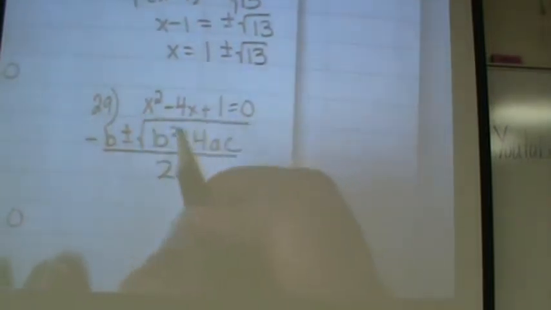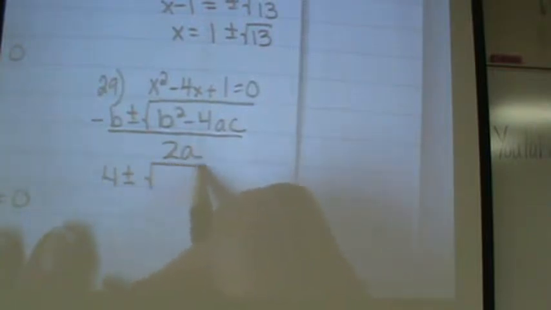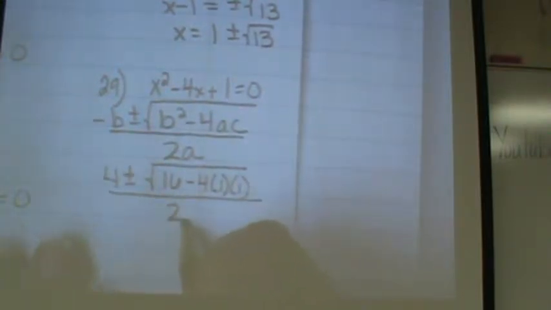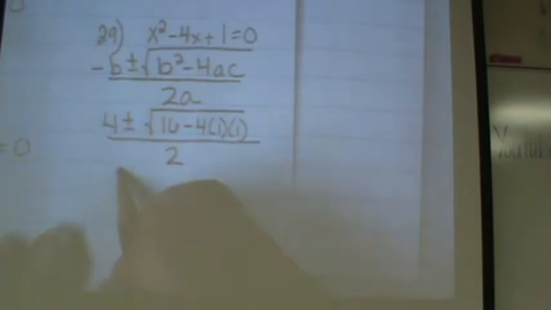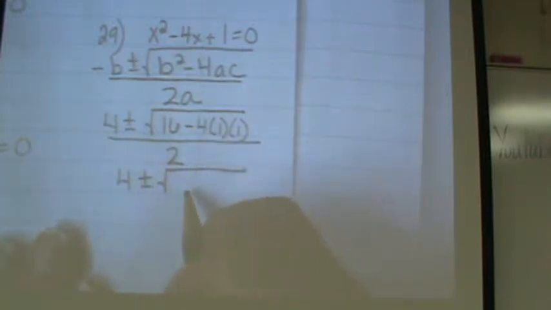So what is the opposite of negative 4? It's 4 plus or minus, and we're going to do negative 4 squared, which is 16, minus 4 times 1 times 1, all over 2 times 1, which is 2. So, simplifying this, 16 minus 4 is 12.